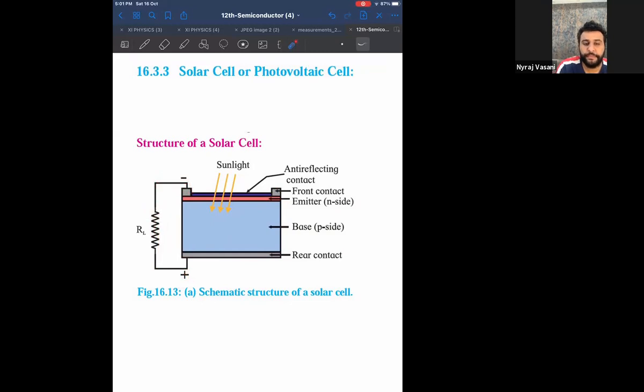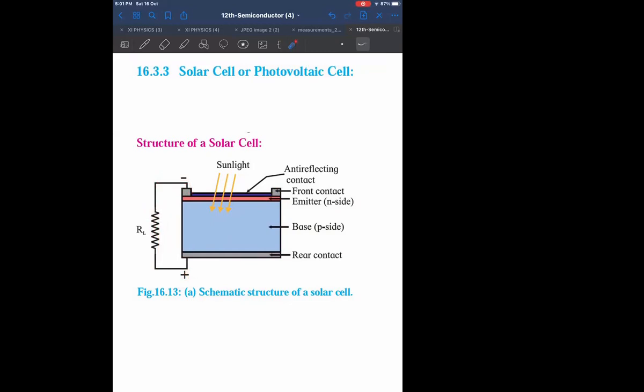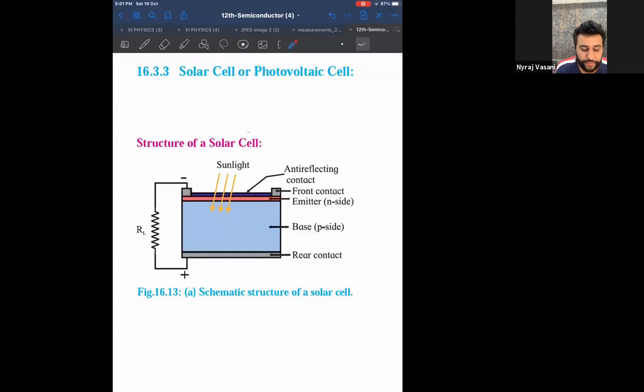So can you explain it again? Okay, I'll explain it again. Just listen. The working is same as that of a photodiode itself, where I have P region, I have N region, I have depletion region, and sunlight falls on the depletion region.